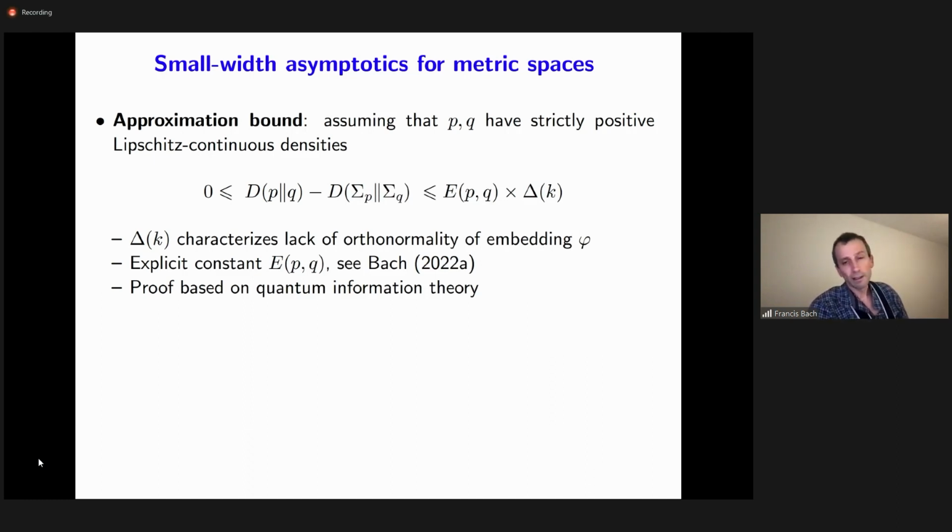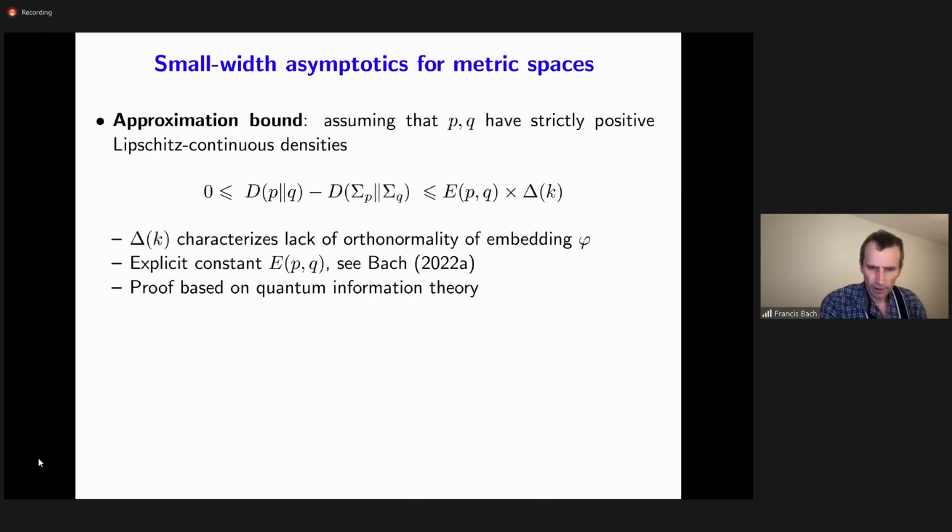You can check the quantity in the paper. Of course, when you get totally orthonormal embeddings, delta is 0, and I recover the equality from 2 slides ago. But you also provide some bounds.